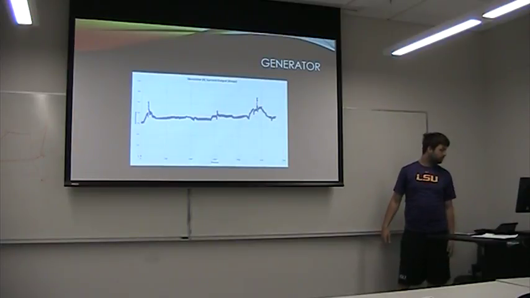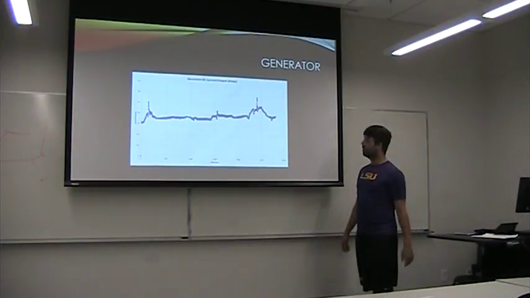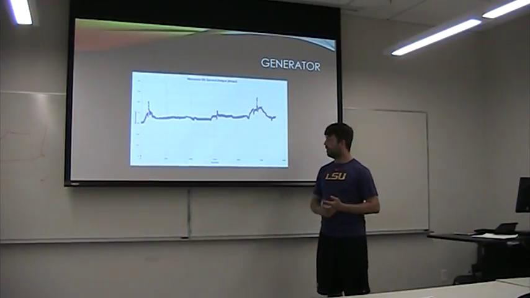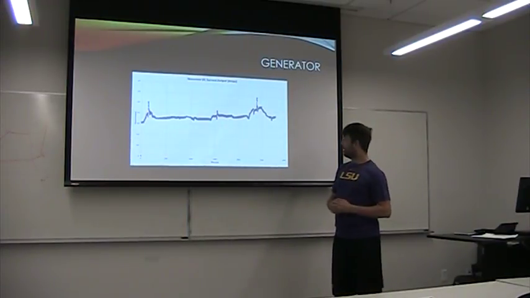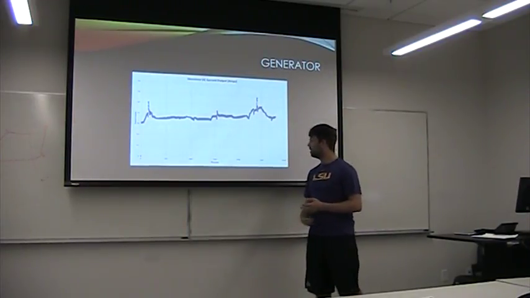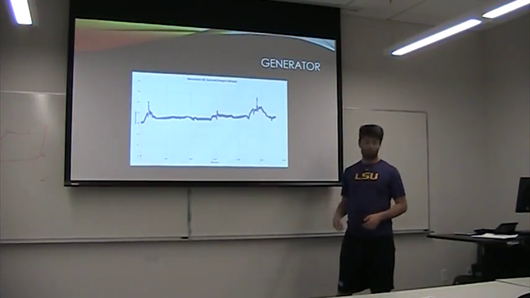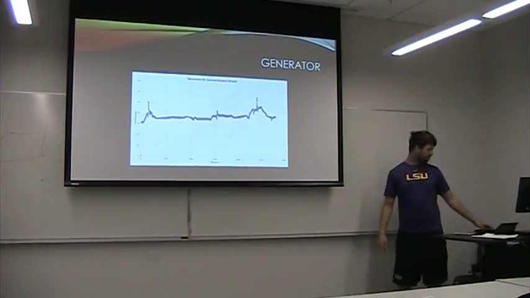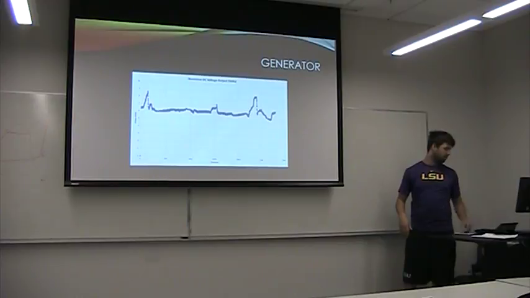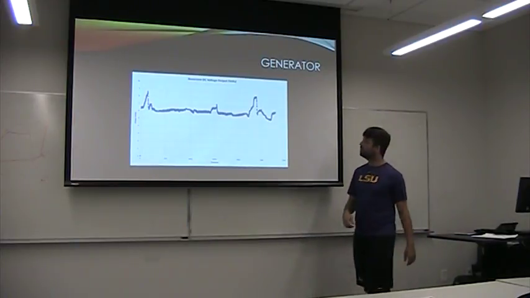This is the current output generated by the turbine generator. You can see it remains pretty constant with a slow, steady increase as the cycle continues to go. I believe that's because as more and more water is burned off, you have less water to heat up.